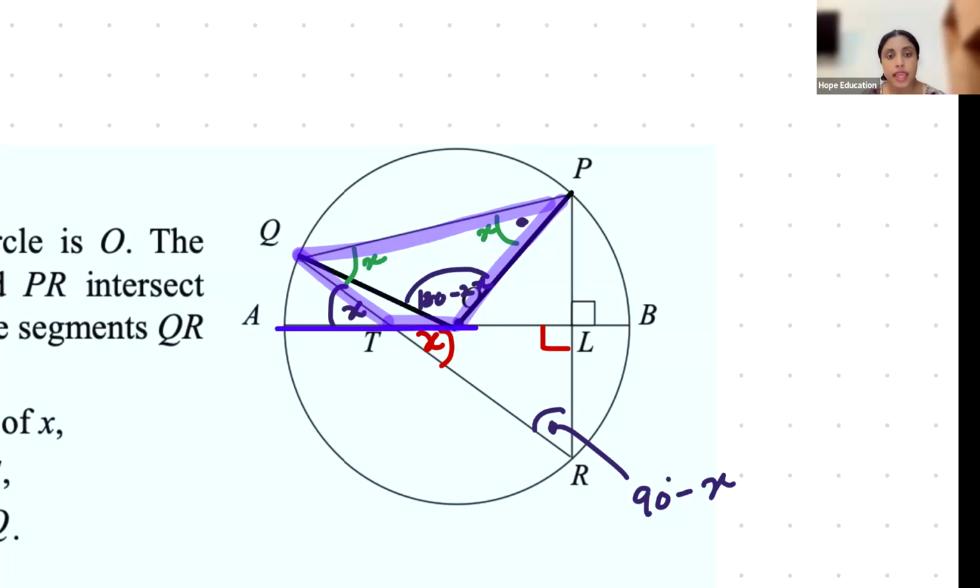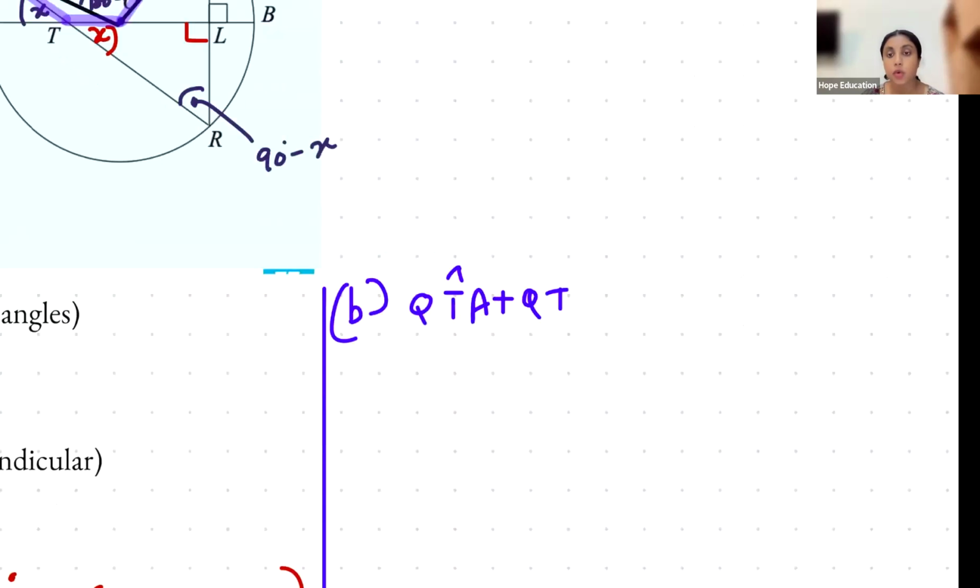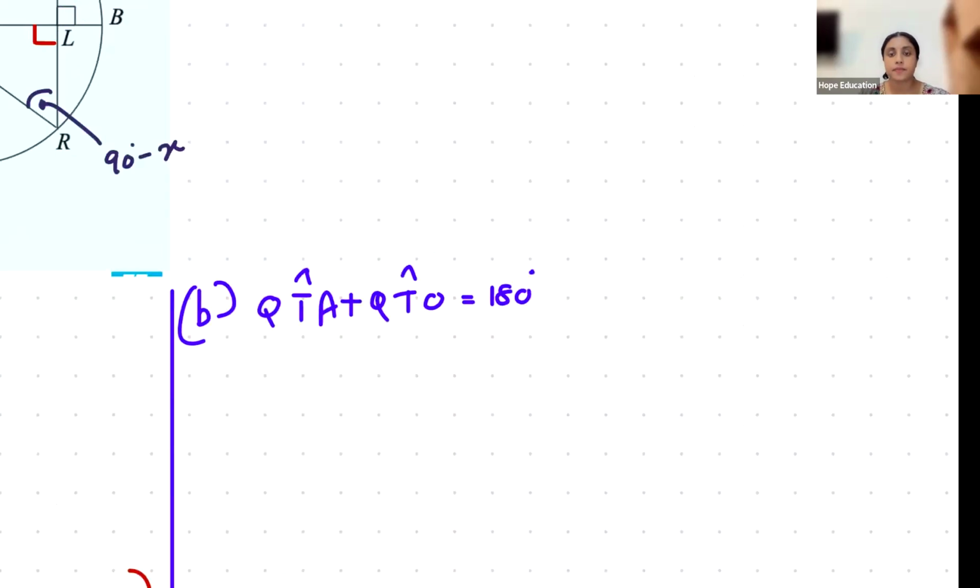You can see QTA plus QTO. This whole thing is one straight line, right? QTA plus QTO is a straight line. QTA plus QTO should be equal to 180 because they are angles on a straight line.